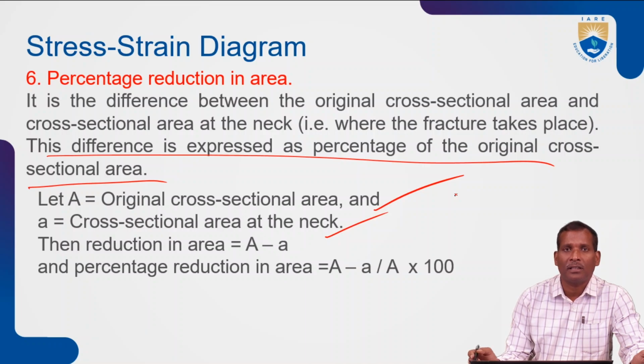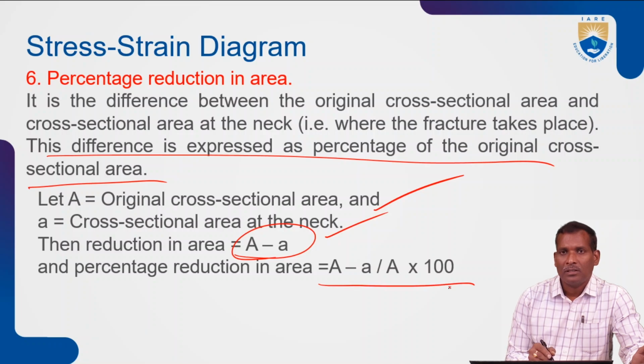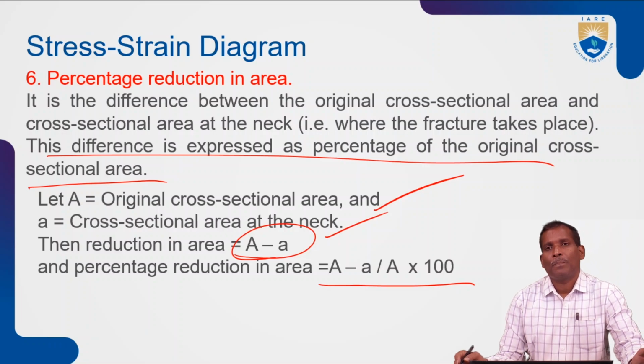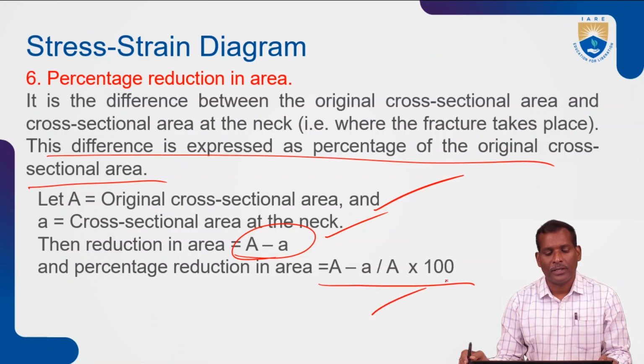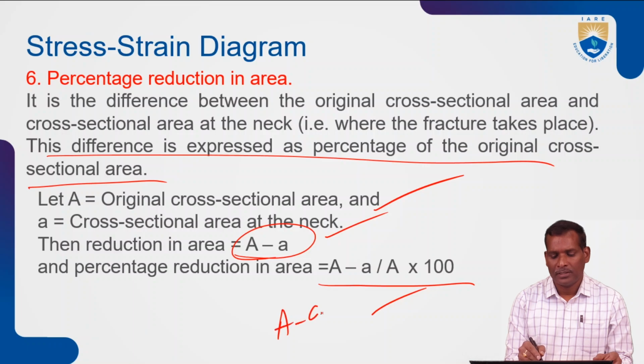Then the reduction in area is A minus a. The percentage reduction in area is the original cross-sectional area minus the cross-sectional area at the neck, upon the original cross-sectional area. Multiply by 100 and you get the percentage reduction in area. So, (A minus a) by A into 100.